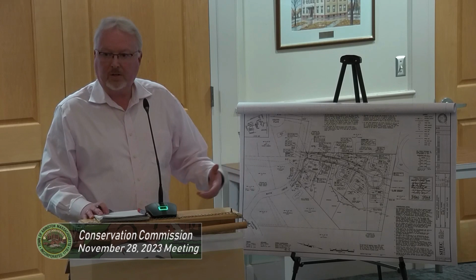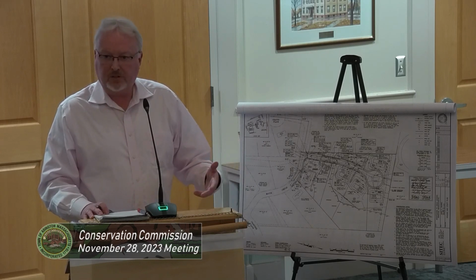As far as the location of the house and everything, I have no issues with it. Grading, I have no issues with, and the Cultec system I use all the time. I believe the erosion control is where it was for the whole construction.